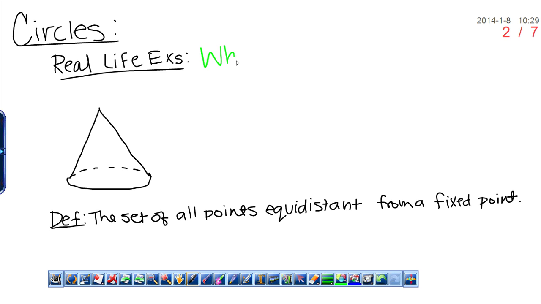A wheel. Good. You should be able to generate real world examples of each of the conics. Okay, that's going to show up on quizzes and tests. If you don't already have that in your chart, make sure you do.